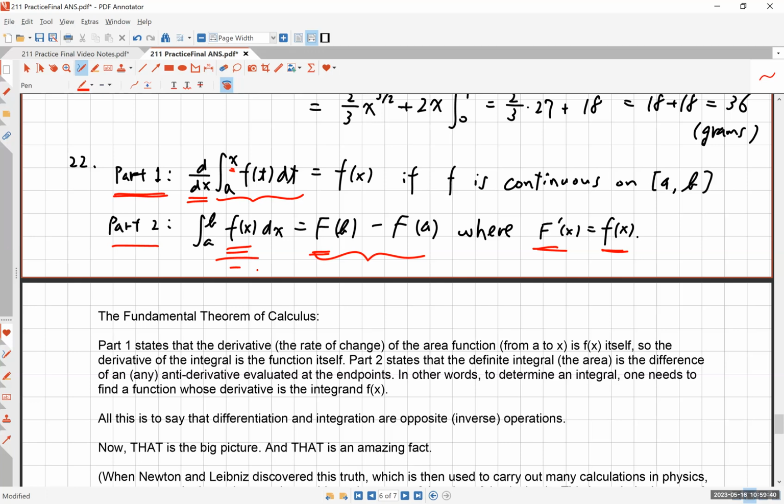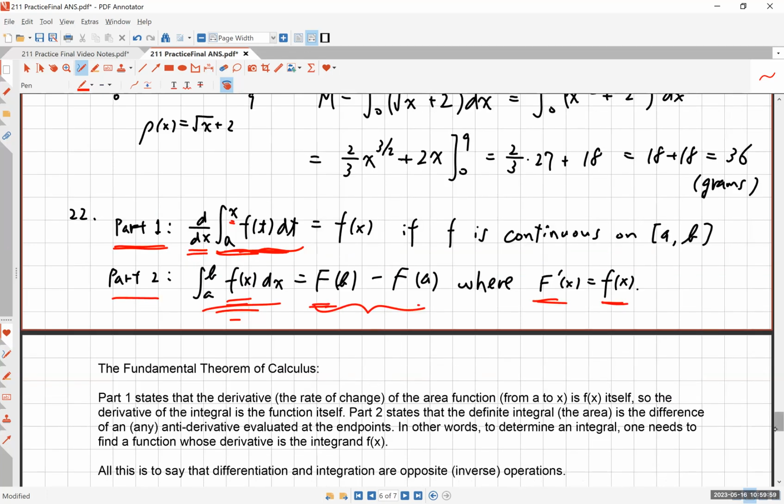This second one says the definite integral is the difference between the antiderivative values, and we know what an antiderivative is. An antiderivative is exactly what we found here, which is the area function. So what does it say? Well, the first one makes it pretty clear.